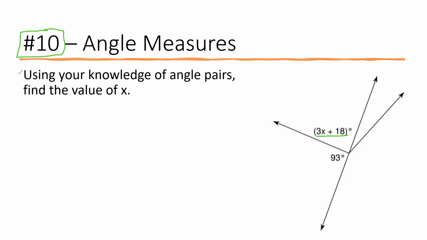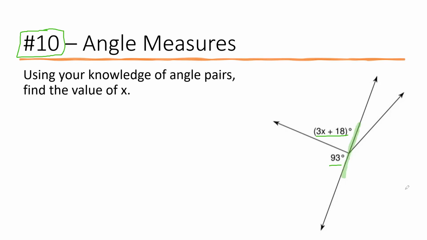So we're still going to start off the same, and we're going to look at the two pieces of information we're given. This angle is 3x plus 18. This one is 93. What type of relationship do these two angles have? Well, they are adjacent. They're right next to each other, but they're that special kind of adjacent where they form a line.